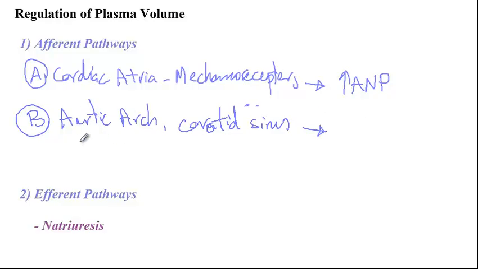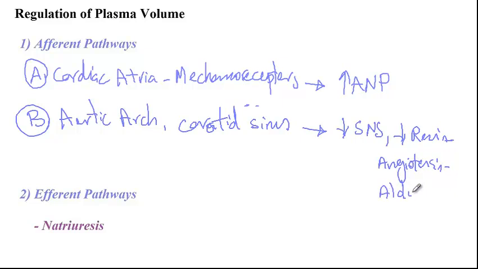So once there is too much pressure inside either the aortic arch or the carotid sinus, there would be decreased activation of the sympathetic nervous system as well as decreased activation of the renin-angiotensin-aldosterone system.